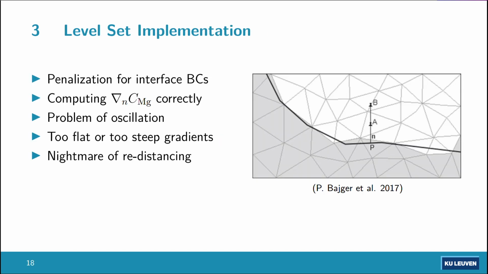But before going to parallelization, there are some issues involved in level set implementation. We use penalization for the interface boundary conditions. So on the interface, we have penalized magnesium concentration and also the film coefficients on the interface.